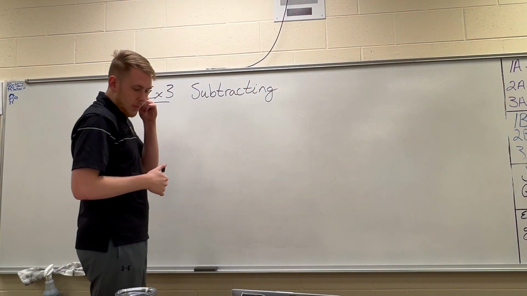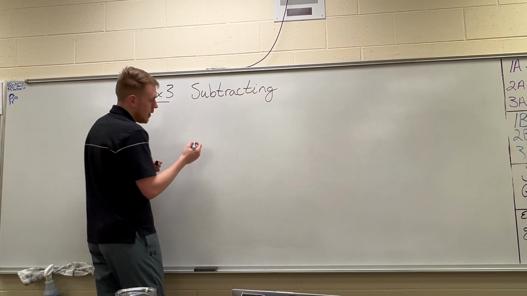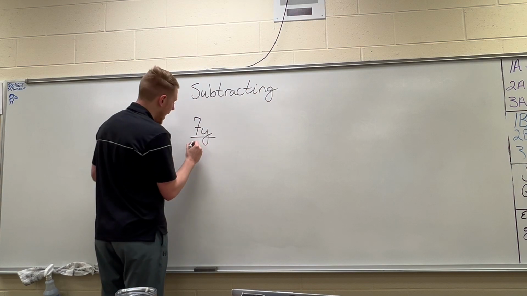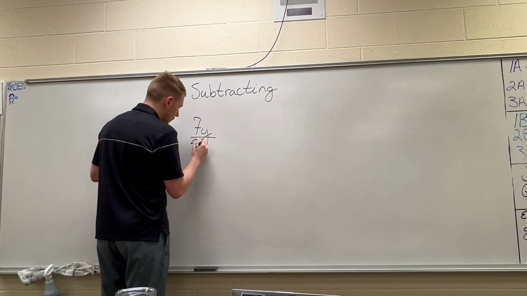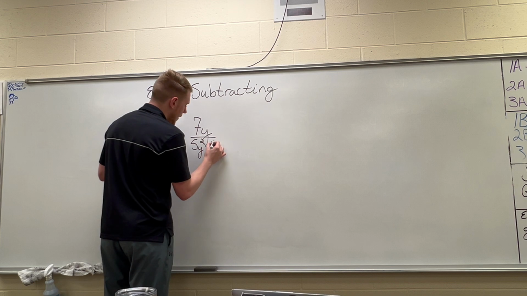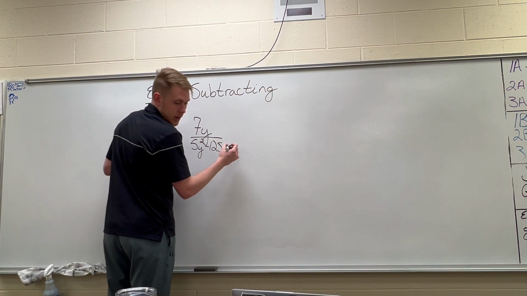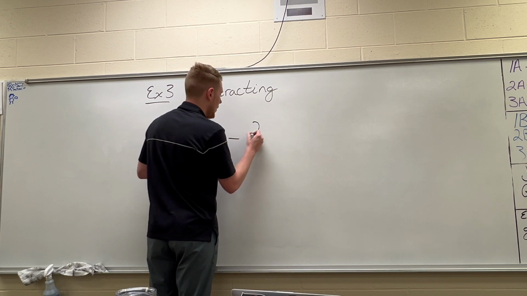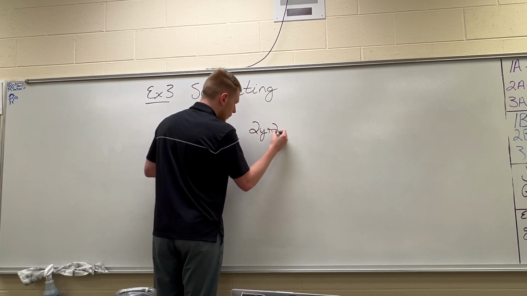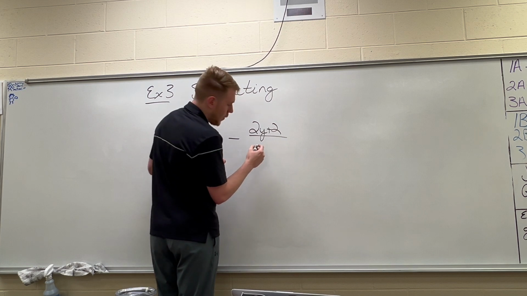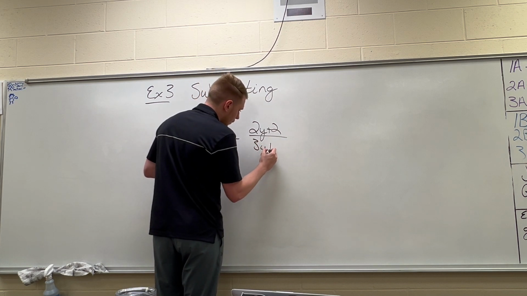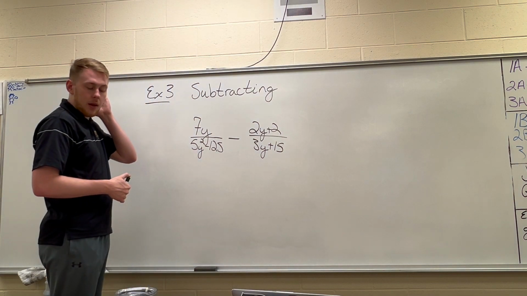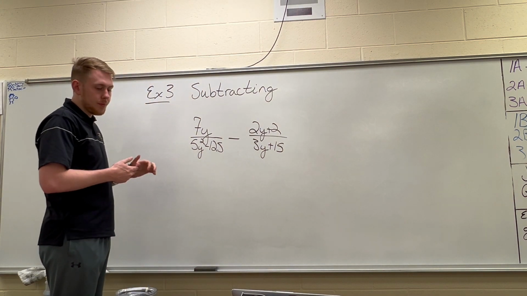So my original equation is going to be 7y over 5y squared minus 125 minus 2y plus 2 over 3y plus 15. Okay. So, again, what can we do?